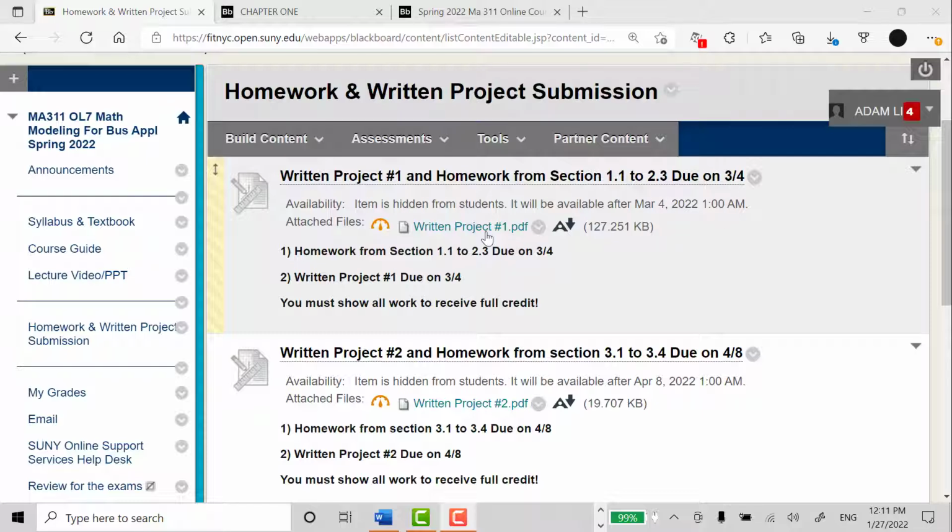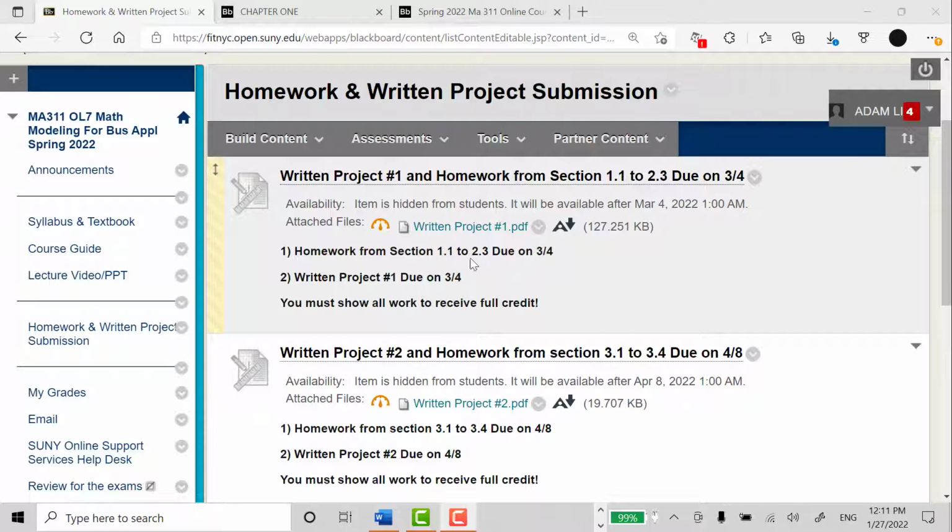Then you can open the PDF file of the written project, work on it, complete it, and scan it as a PDF file, Word file, or Excel file, and submit it here. While you're submitting written project number 1, you also submit a homework from section 1.3 to 2.3, which is due on March 4th.